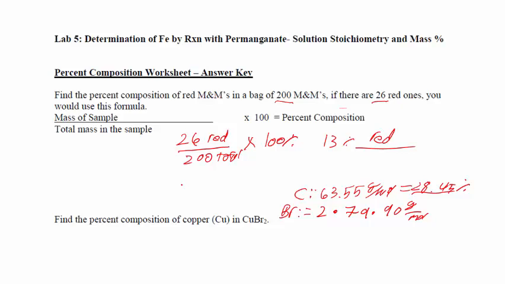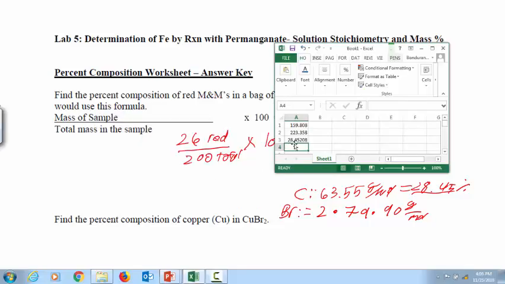Now if we look at the bromine, of course it's mostly bromine because bromine is a lot heavier and there are two of them. So that makes sense in terms of the copper. This here is the mass of the two bromine atoms, so we take the part over the whole again, this value divided by total mass times 100%, and we got 71.54%.